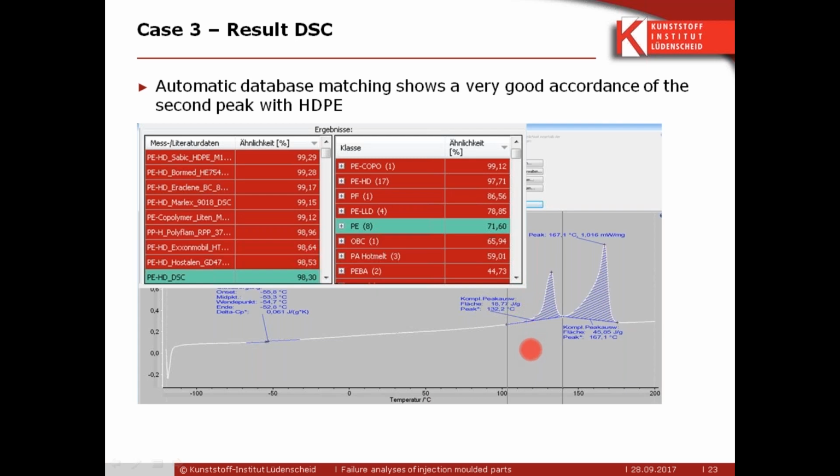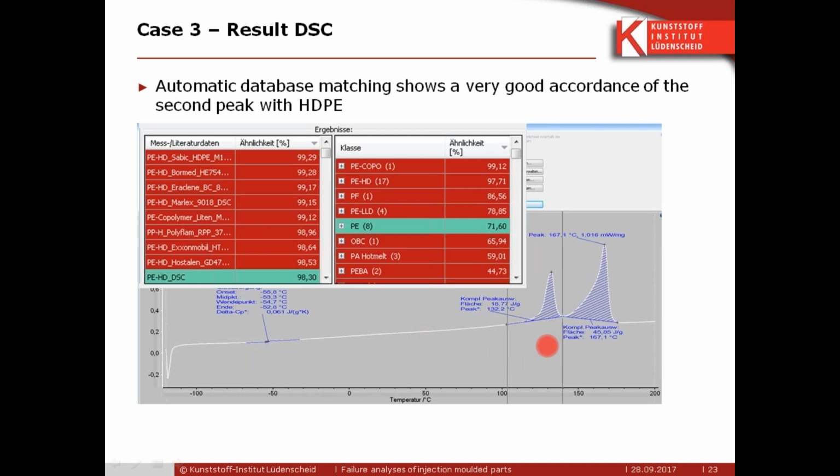Hence, we know not just that it is mixed, but that it is mixed with HDPE. The glass transition is a bit harder to identify. It's possible that it is a TPE or EPDM. But this peak is very clear.